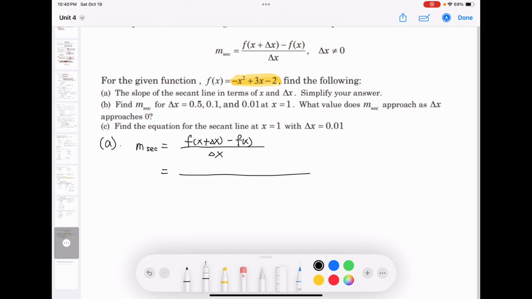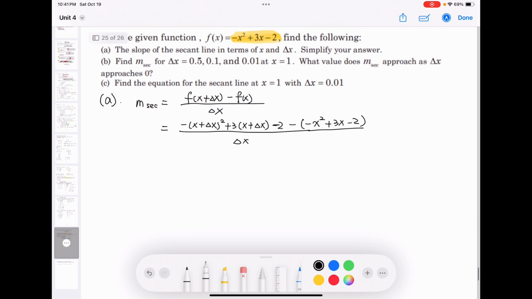We replace these x by x plus delta x. So we have negative x plus delta x squared plus 3 times x plus delta x minus 2. Then minus f of x, which is negative x squared plus 3x minus 2, all divided by delta x.